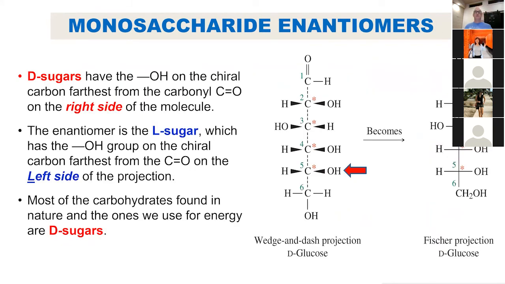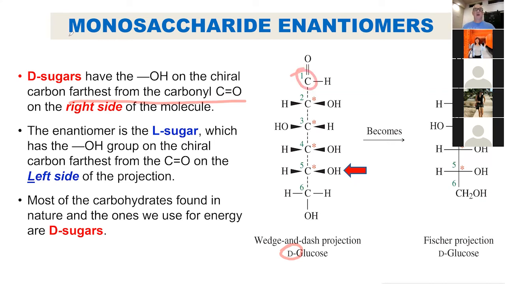So let's look at these two enantiomers. I've got D-glucose. So what is a D sugar? How do we tell? Well, we want to look at the chiral carbon that's farthest from the carbonyl. The carbonyl group is carbon 1.